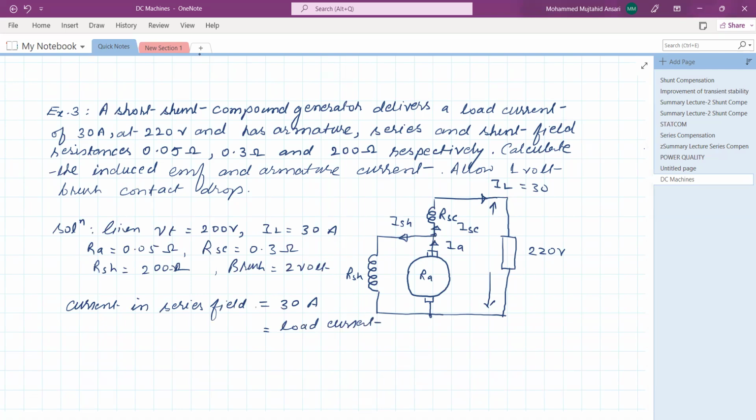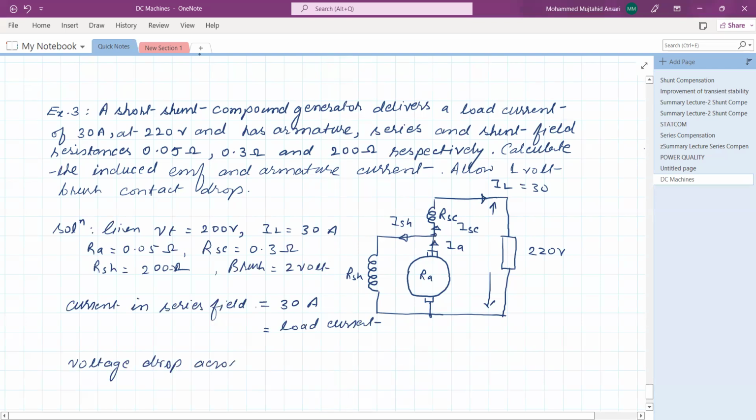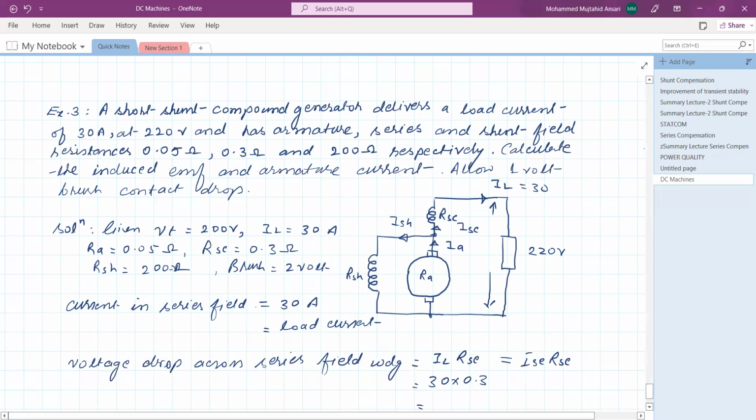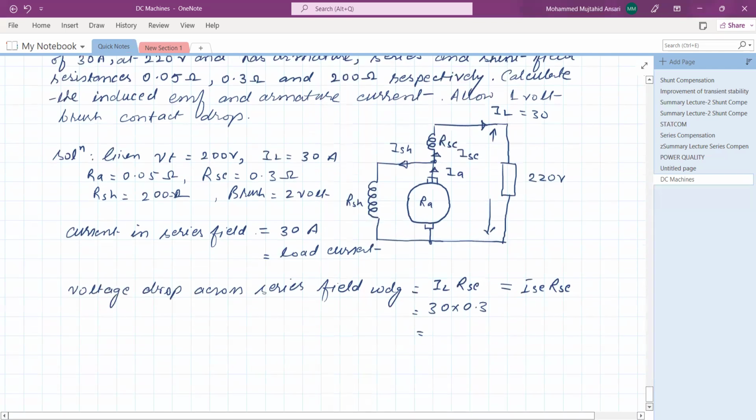So now the voltage drop across the series field winding is equal to IL into RSE, or you can write ISE into RSE. It's the same thing. So 30 multiplied by 0.3 is 9 volt.